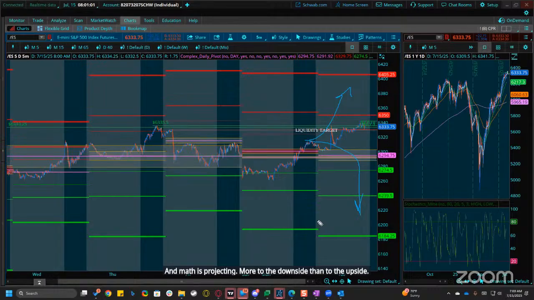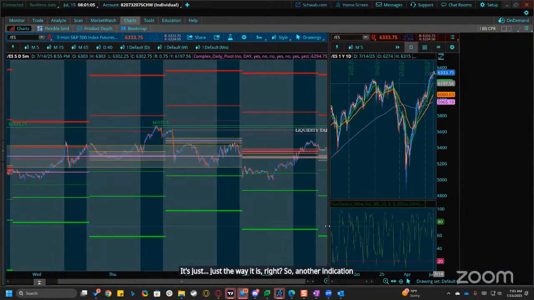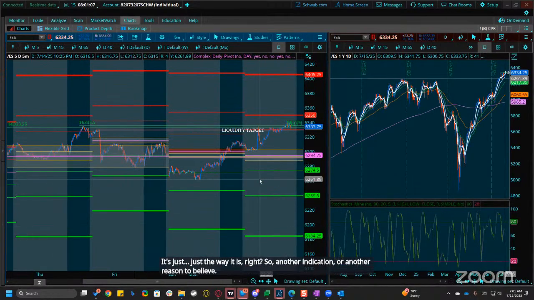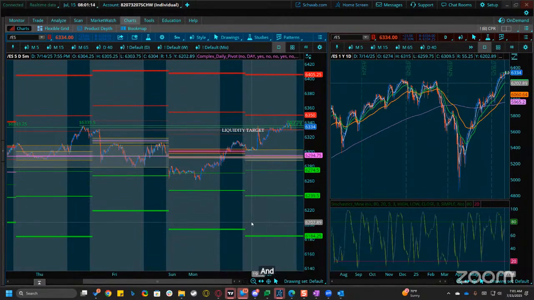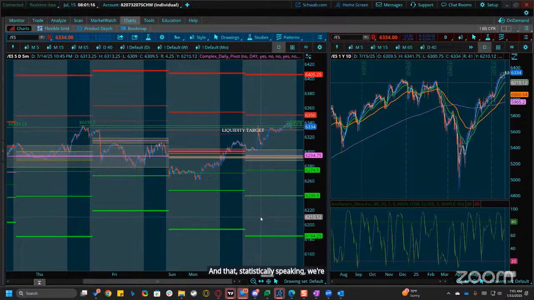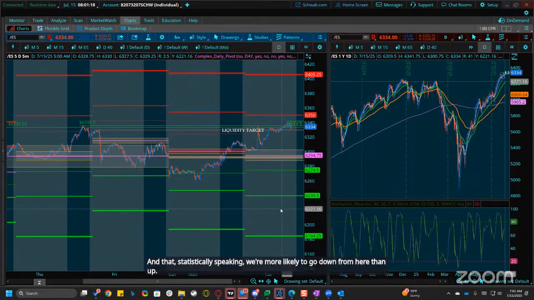It's just the way it is, right? So that's another reason to believe that, sure, we can go up from here, but it'll take more effort and more work, and that statistically speaking, we're more likely to go down from here than up from here.